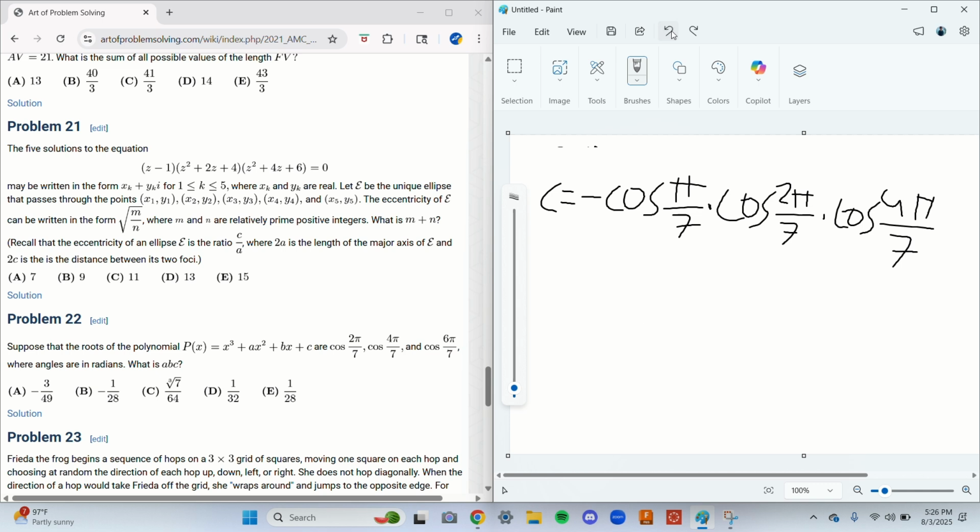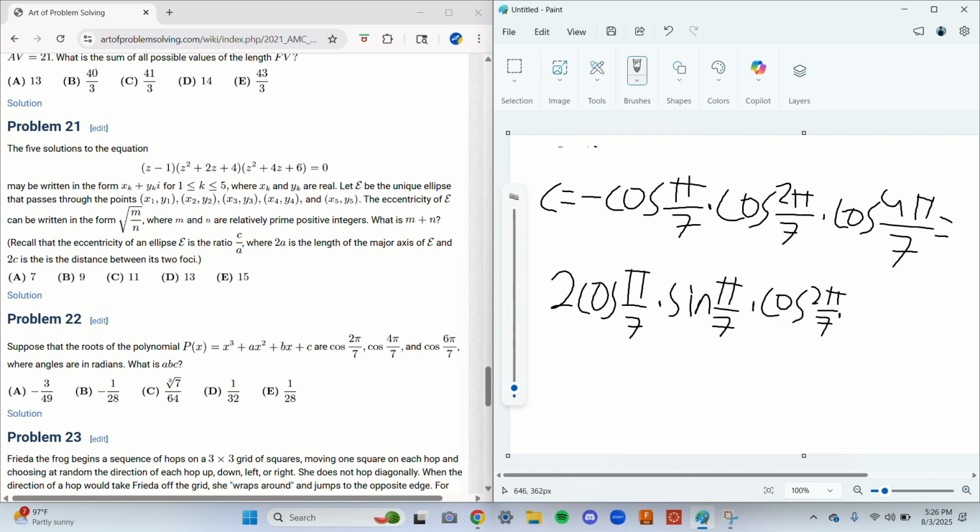So let's do that. I can take 2 cosine pi over 7 times sine of pi over 7 times cosine 2 pi over 7 times cosine 4 pi over 7. But I also have to divide again so that this stays equal, so negative 1 over 2 sine pi over 7.